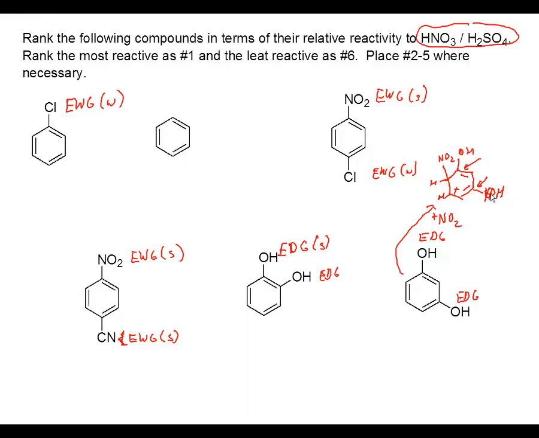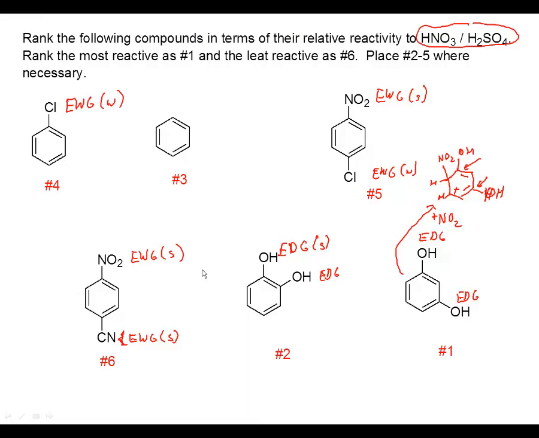Whereas in this other one, no matter what position you attack, you can't get resonance stabilization by more than one of those OH groups. So the net answer is that the meta-substituted dihydroxy compound is number 1. This is number 2, 3, 4, 5, and 6.